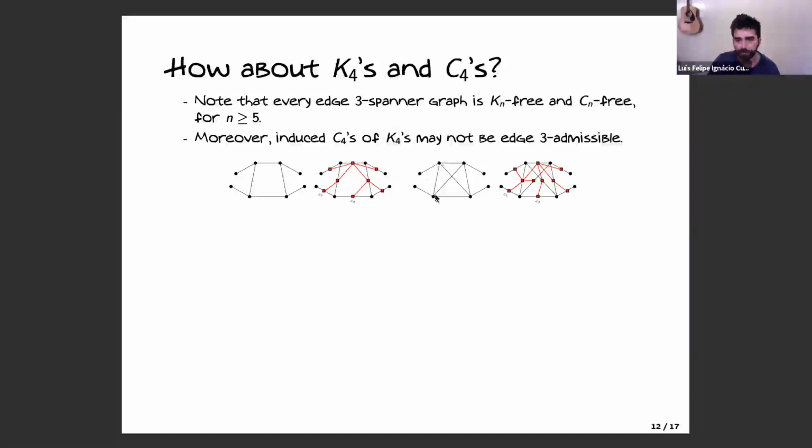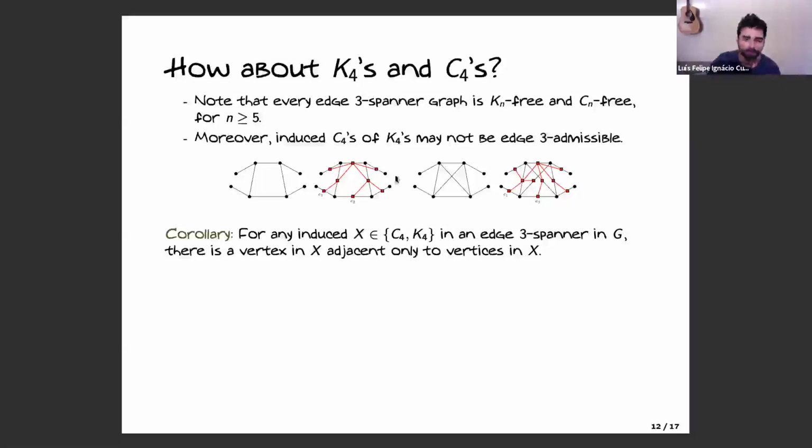Also, if you have a K4 such that for any vertex inside the K4 the degree of such a vertex is at least 4, it cannot be in any edge tree spanning graph, as you can see here in red in this simple case analysis.